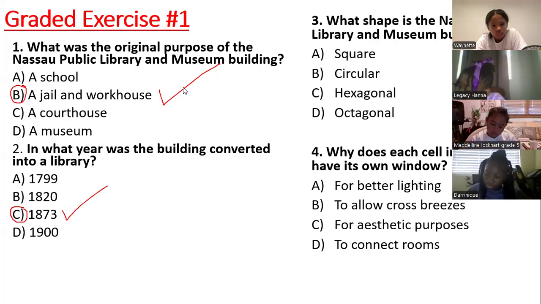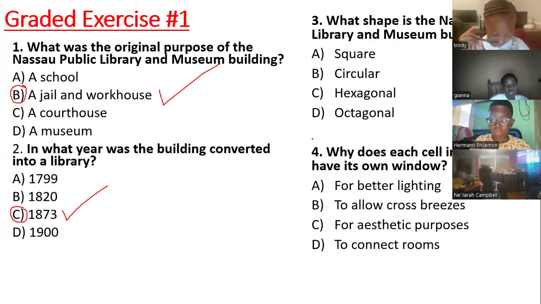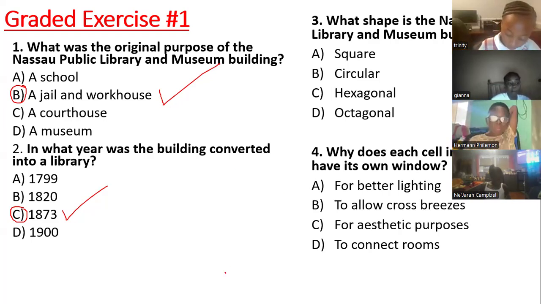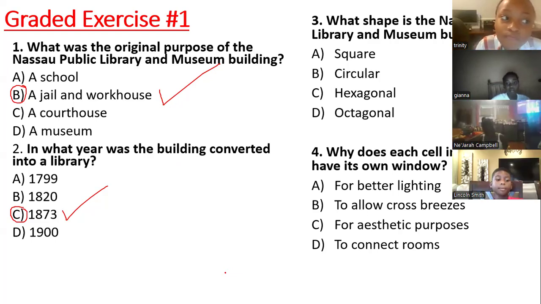Number 3, what is the shape of the Nassau Public Library and Museum? Excuse me, Mr. Petit. Go ahead. I put 1799 to 1873. They say, in what year was it converted into a library? I got 1799 too. Okay, let's read the passage, remember?